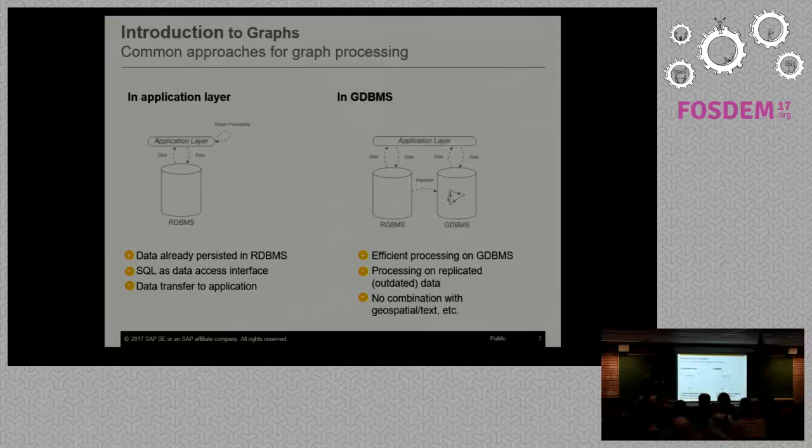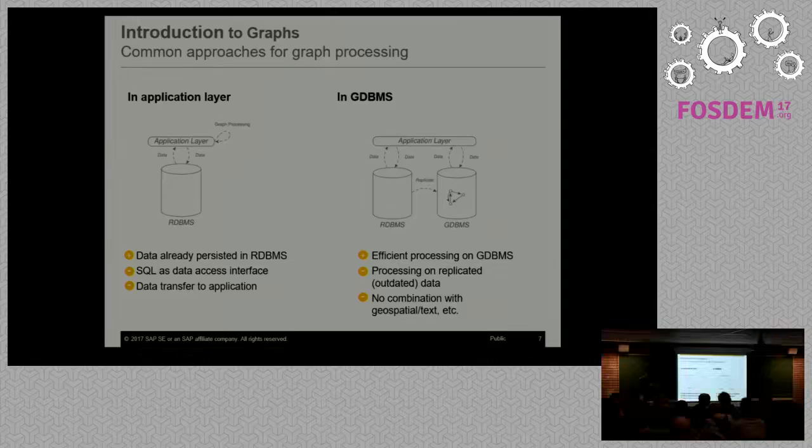And each application that wants to run a graph algorithm has to implement it in the application. A more modern approach is to use a graph database, which offers a graph abstraction, and now the application can push down the algorithm to the graph database, and the graph database processes the information and only returns the result.